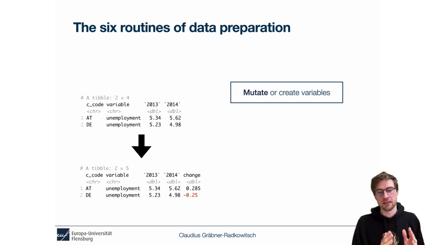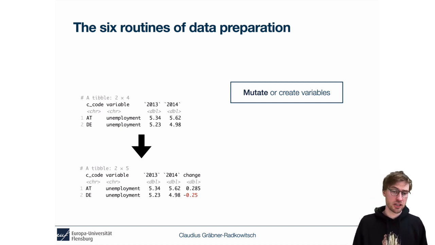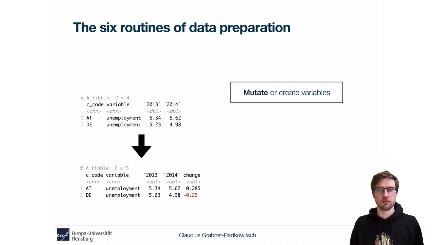And you do not have that in a tidy data set where you would have had a column referring to year and then the values in this particular column. And it's much easier to compute changes if you have the years all having their own column. But aside from this, mutating in the sense of creating new variables or changing existing variables is actually rather straightforward.